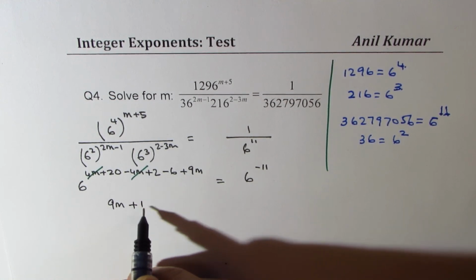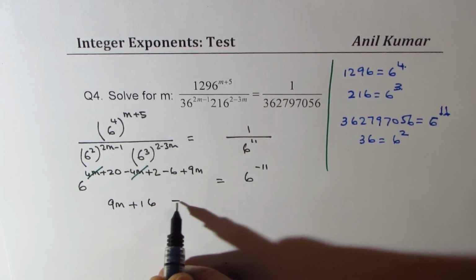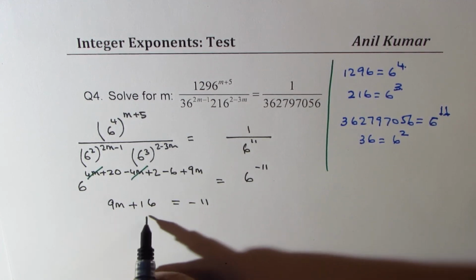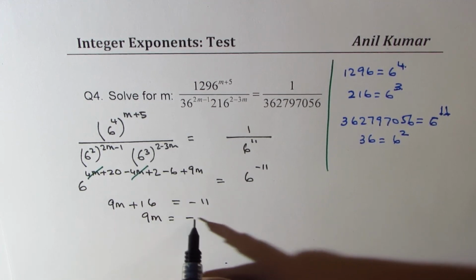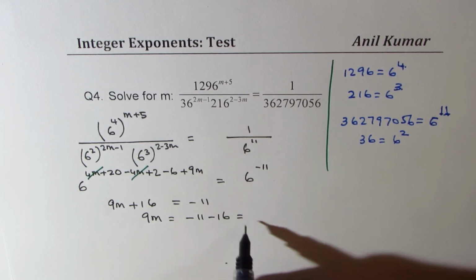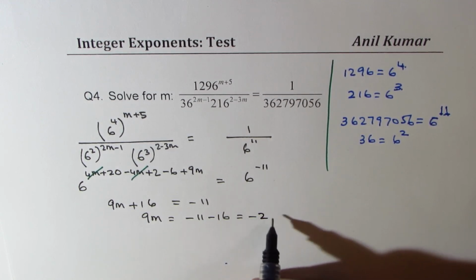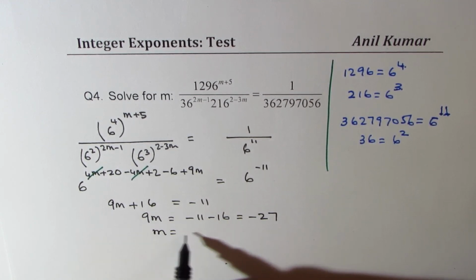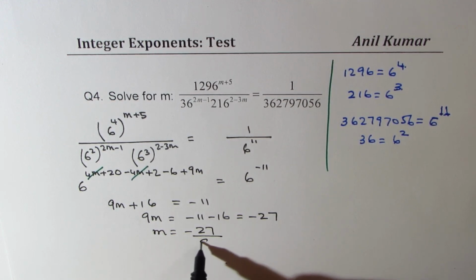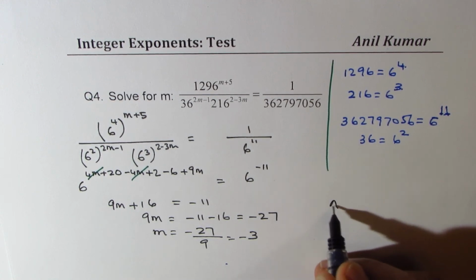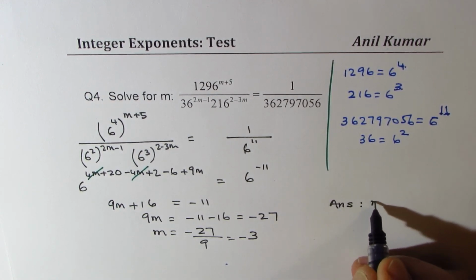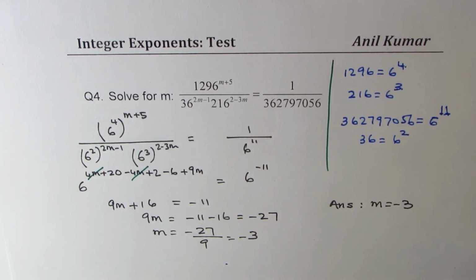So we could write this as plus 16 equal to minus 11. So 9m equals to minus 11 minus 16, which is minus 27. So m is minus 27 over 9, which is minus 3. So we get our answer, that is m equals to minus 3.